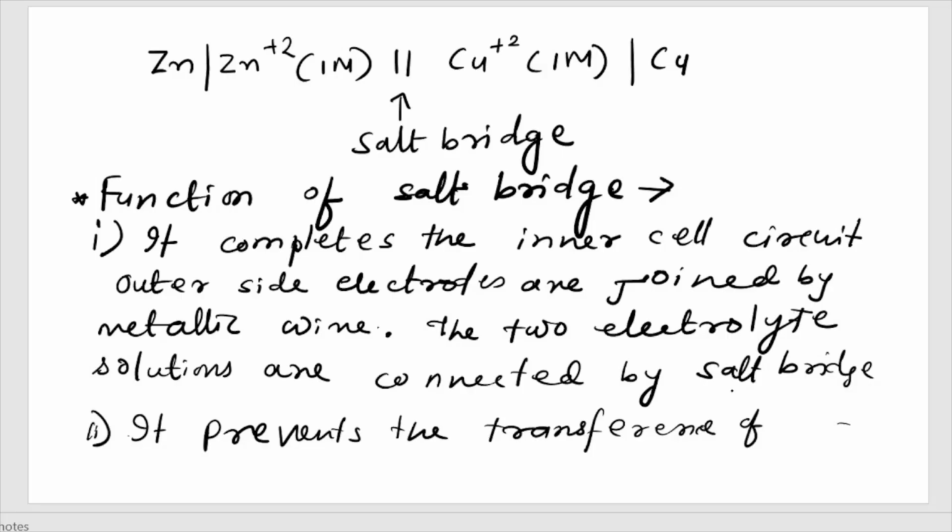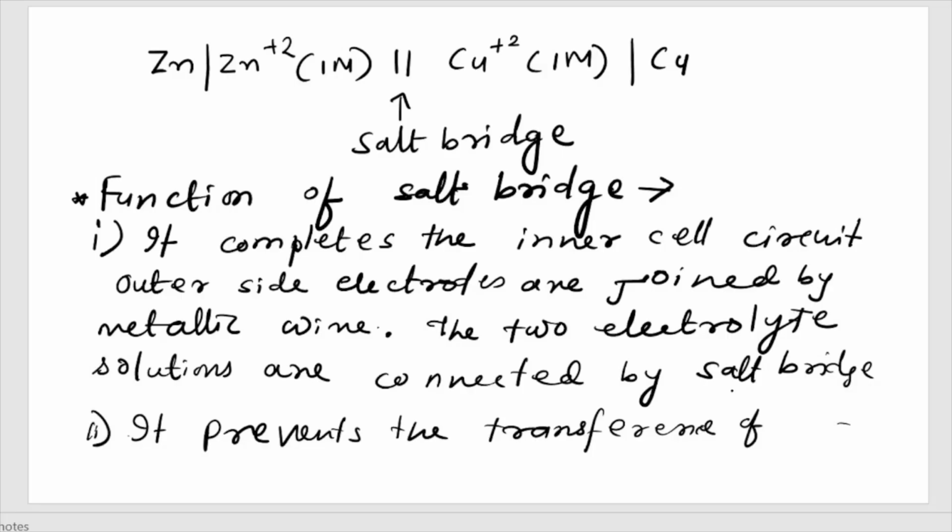That is Zn oblique Zn plus 2 1M, because in that galvanic cell the concentration is 1M, then two vertical lines for the salt bridge, and Cu plus 2 1M vertical line Cu. This is the total representation of an electrochemical cell, that is a galvanic cell.